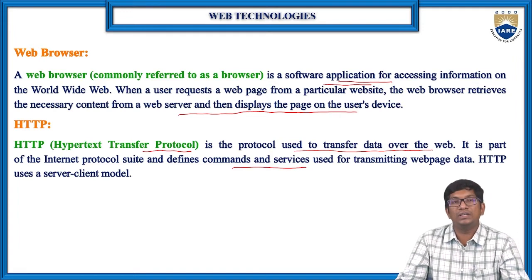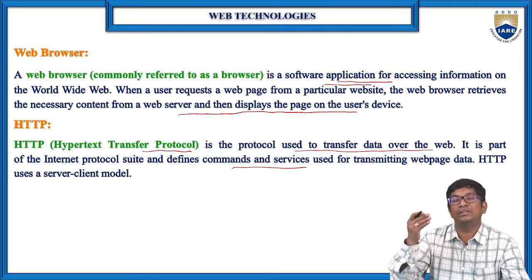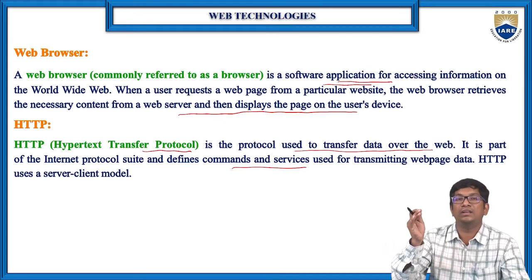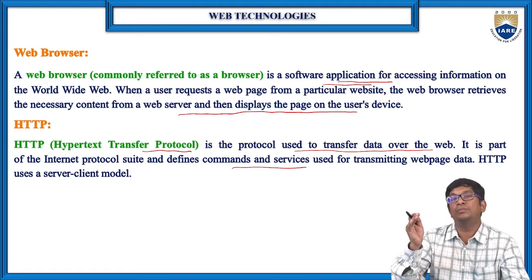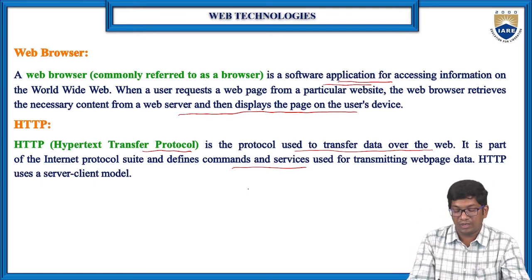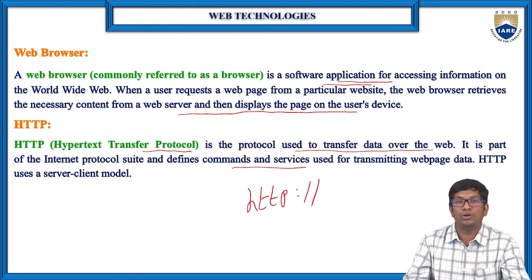So what is a protocol? It is a set of rules standardized by some organization. You want to do a particular task, right? You want to connect to the internet or to a particular URL, you have to start with HTTP, Hypertext Transfer Protocol. After writing this, you can type your URL.